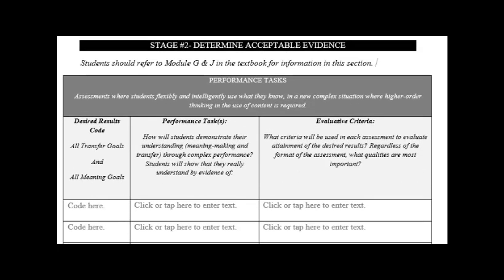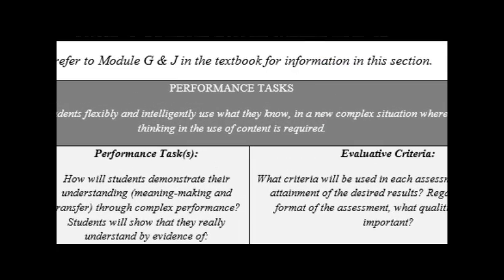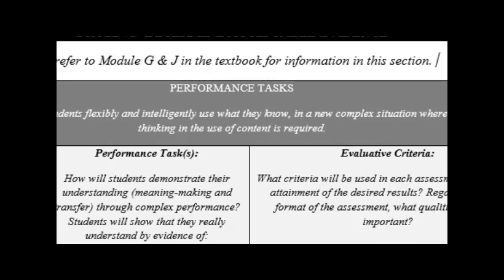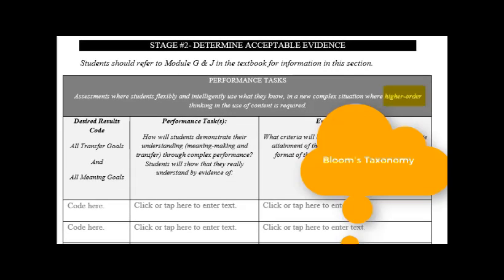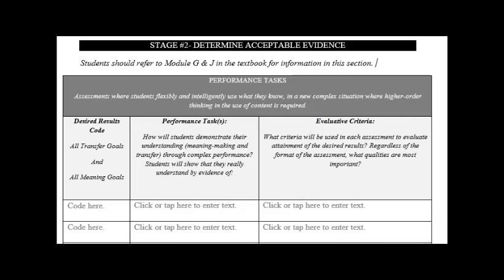In the first portion, we will assess the performance tasks. This is where students will use flexible, intelligent thinking to determine what they know and be able to utilize in a complex situation. In this circumstance, they will use the higher order of thinking from Bloom's taxonomy for the content required.